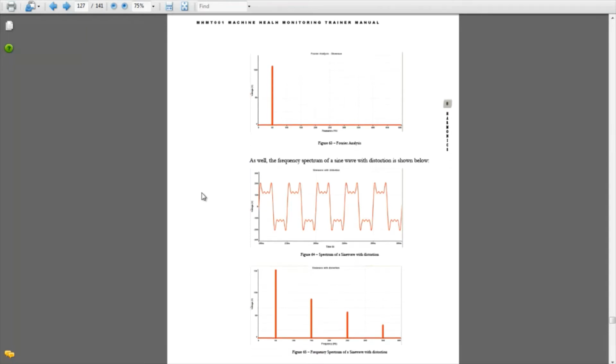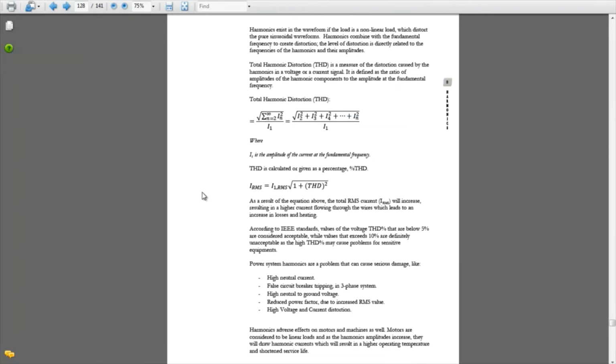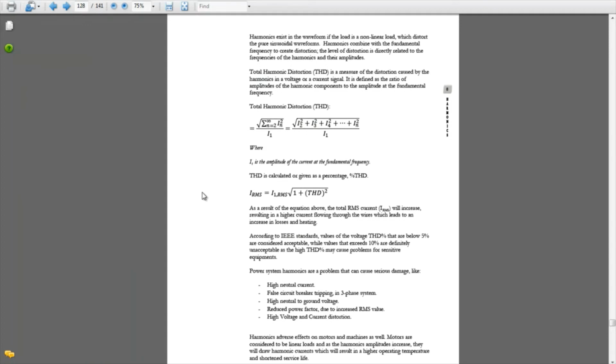Good. So in terms of equations, we need to find something called the total harmonic distortion, or THD. It is a measure of the distortion caused by the harmonics in a voltage or current signal.